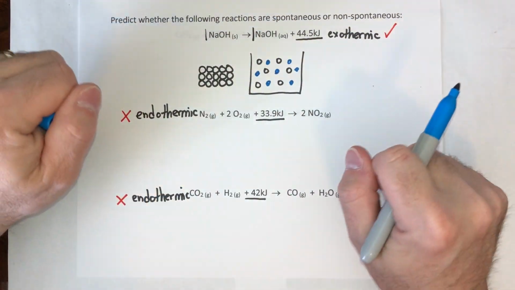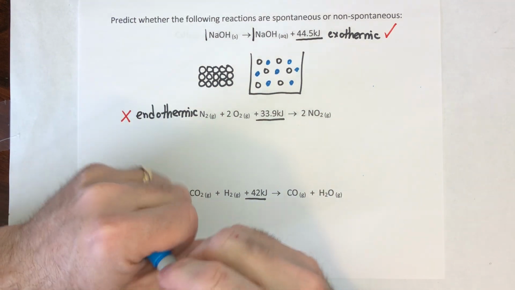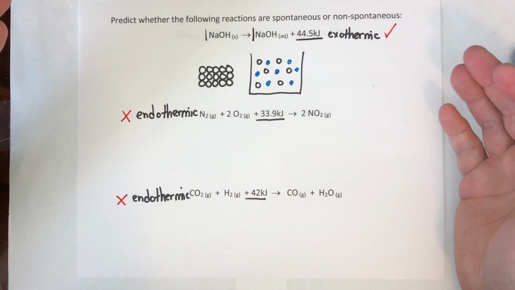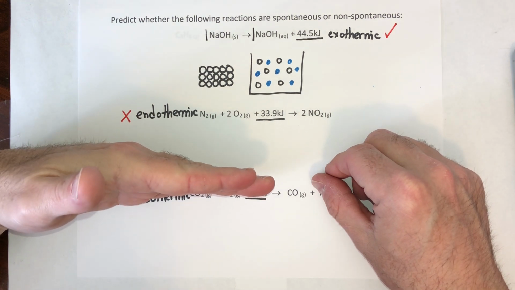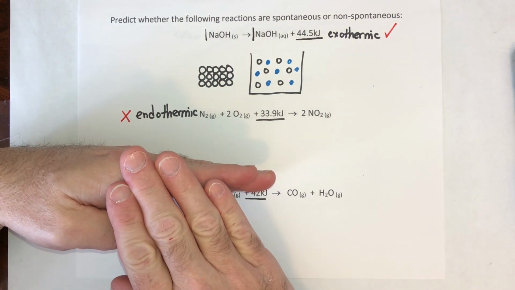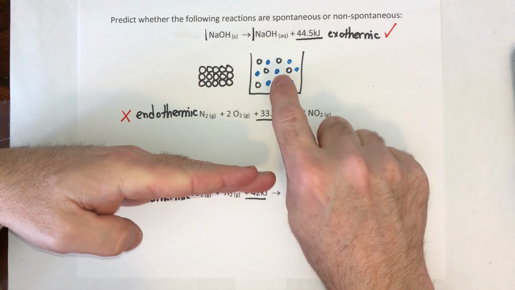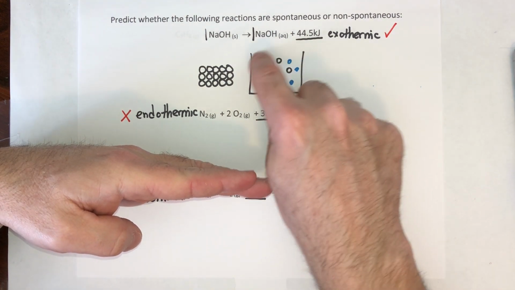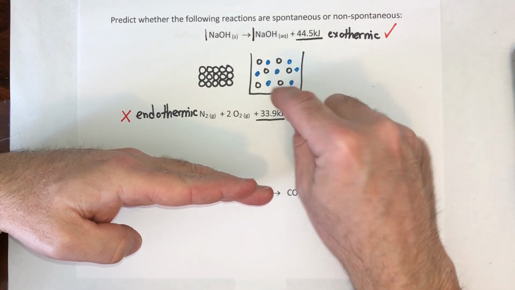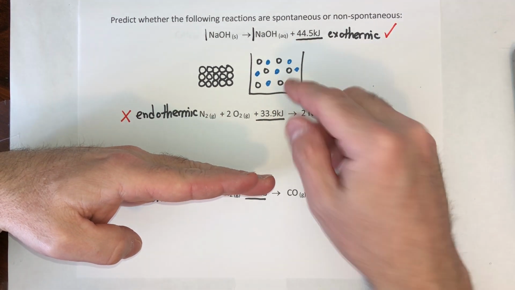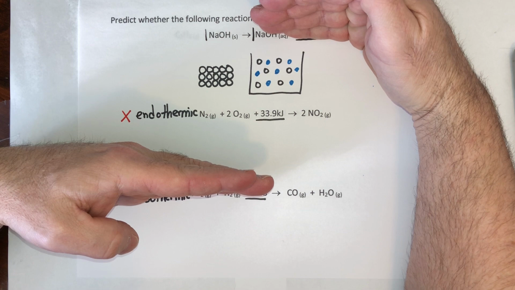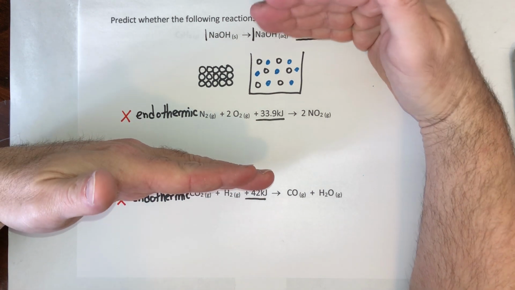So when you're talking about disorder, when you're talking about entropy, solids have very low disorder, right? They are very organized, very low disorder. But when you talk about something being aqueous, it's now completely mixed up with a second substance, right? It's completely mixed up with water. So now this is way more disordered. So you're going from low entropy to high entropy.